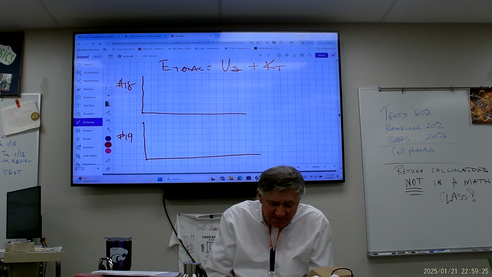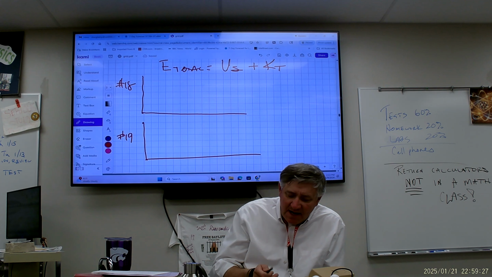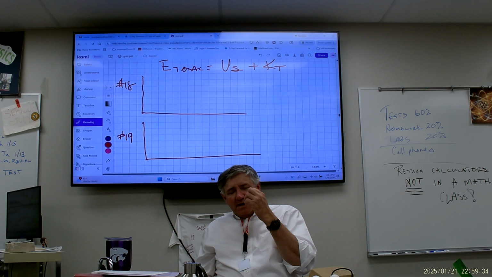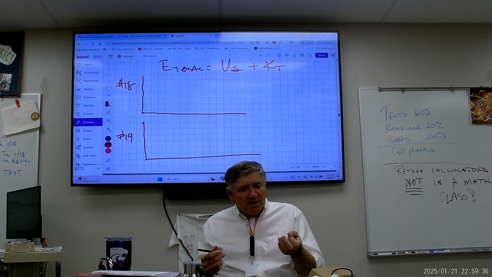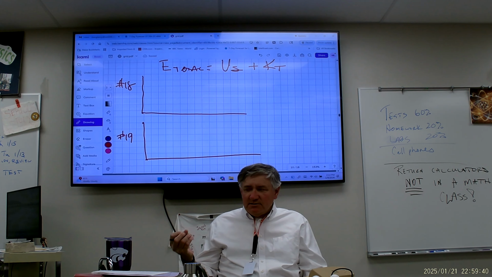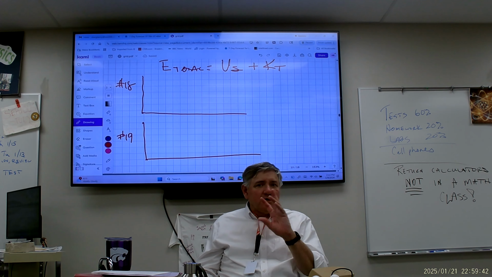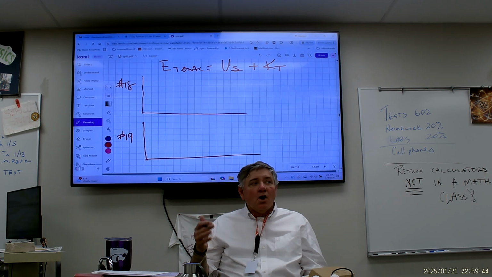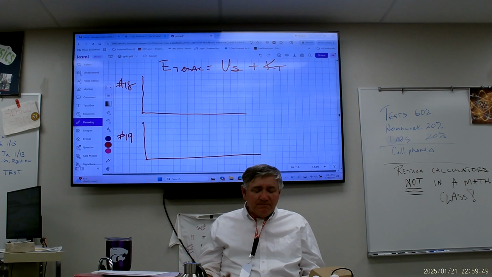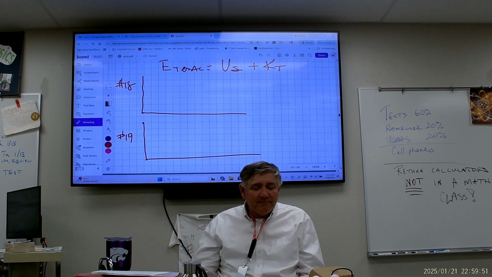On 18, it's got the energy-time diagram for just the mechanical energy of the block. On the AP exam, when they're talking about mechanical, they're just talking about the kinetic energy aspect of this. We're not worrying about the spring, okay? All we're talking about is the mechanical energy of the system, which is just kinetic.